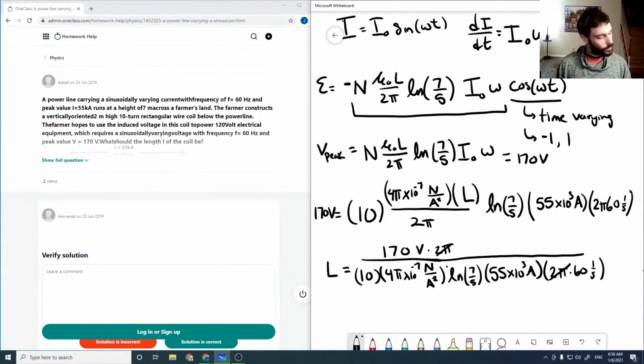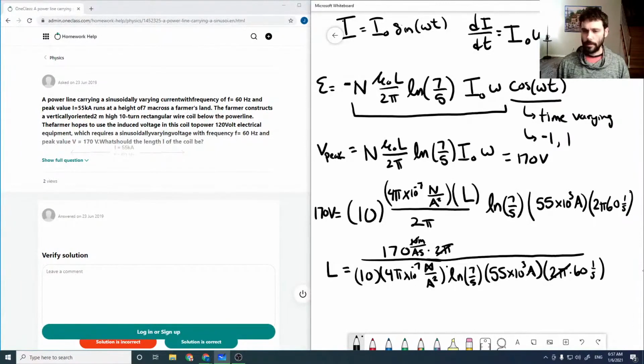Also, a volt is a newton meter per amp second. So I'm just going to erase the volt and write it in as a newton meter per amp second. And so our newtons will cancel.